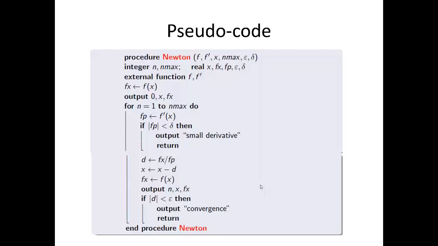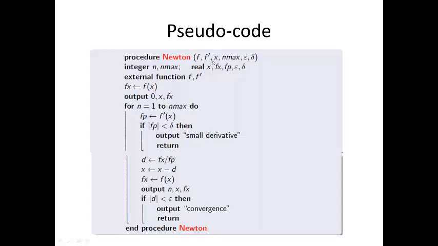Now, using the initial value of x as a starting point, we carry out a maximum of n max iterations of Newton's method. That gives us an upper bound on how many times we're going to carry it out. We're also going to pass it the external functions f and f prime. Again, we have to define those because we don't have the symbolic way of taking the derivative.